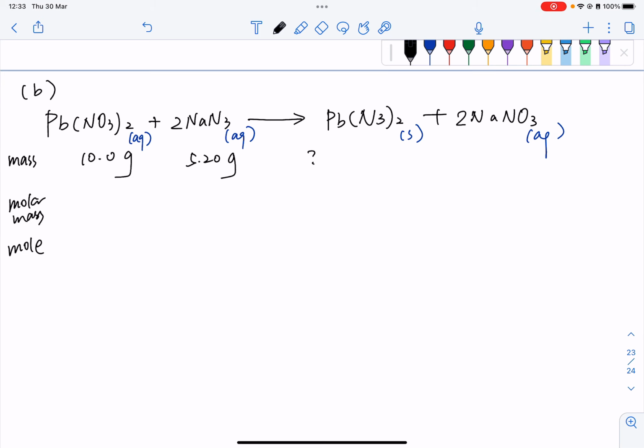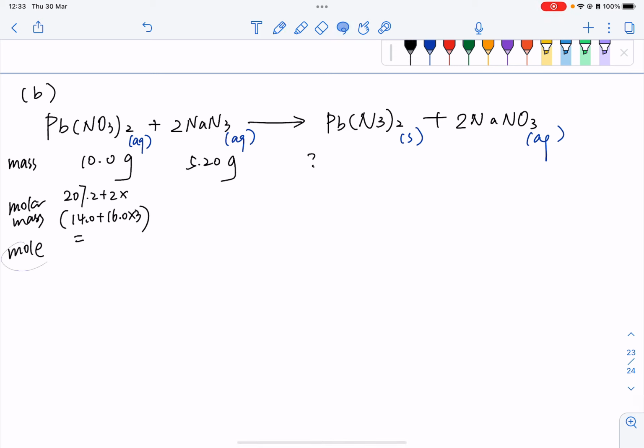We have mass, molar mass, and also moles here. The molar mass for Pb(NO3)2, let's do it all together here. It should be 207.2 plus 2 times brackets 14.0 plus 16.0 times 3. Type in a calculator, it would be 207.2 plus 2 times brackets 14 plus 48.